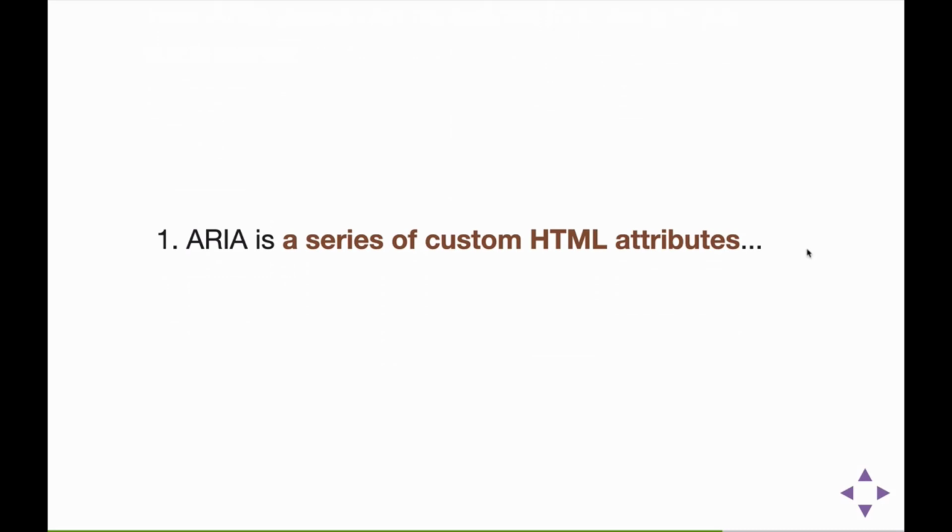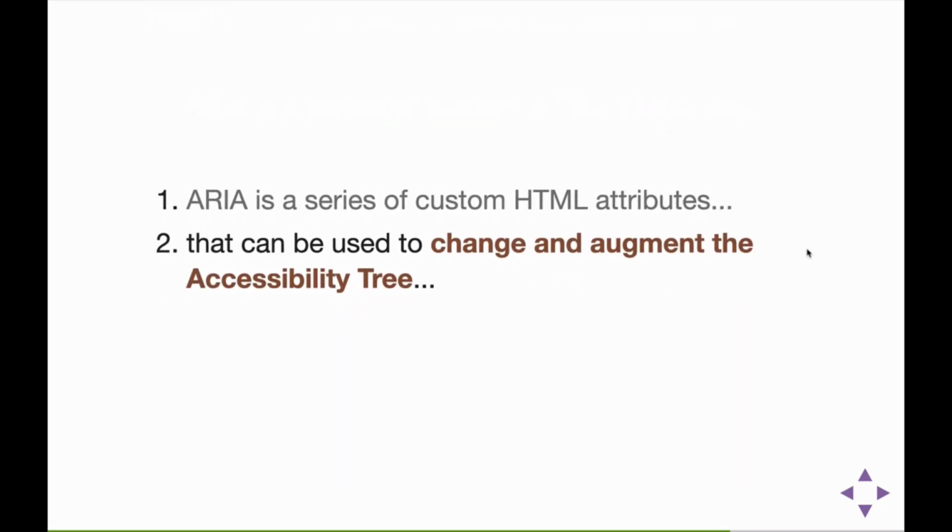Number 1, ARIA is just a series of custom HTML attributes. That is all it is. We're adding some attributes into the HTML markup, and these attributes do certain things. So ARIA is just a series of custom HTML attributes. And part number 2 is these attributes can be used to change and augment the accessibility tree.